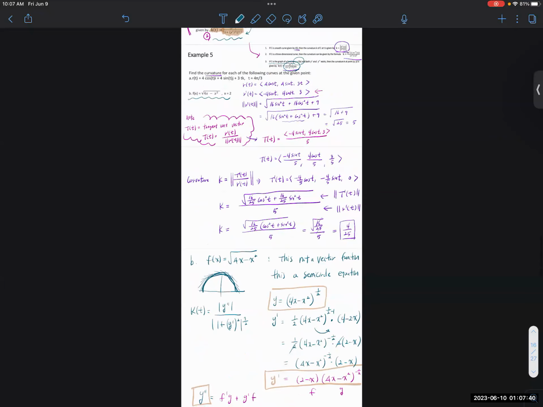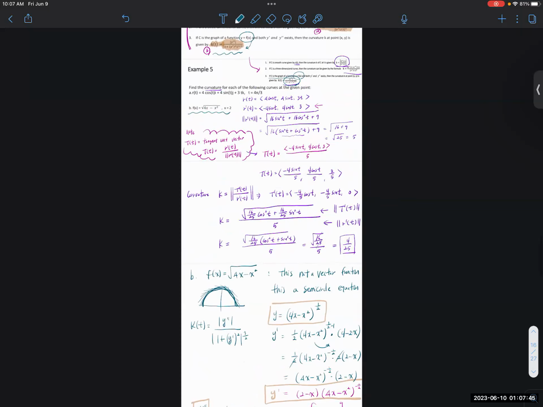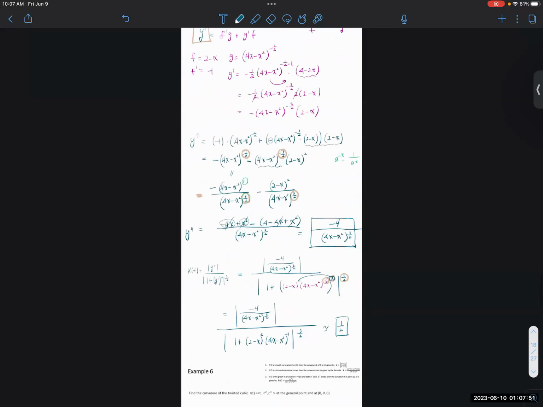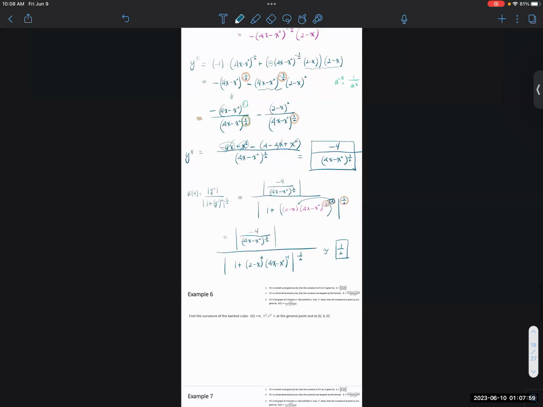The first one, we used the first method. For the second one, since the function was not a vector function, we used the third formula with the given function. There was a little bit of a hard time finding y prime and y double prime, but it might be good practice to do that work. And then the last part, you can use a decimal to simplify as well.